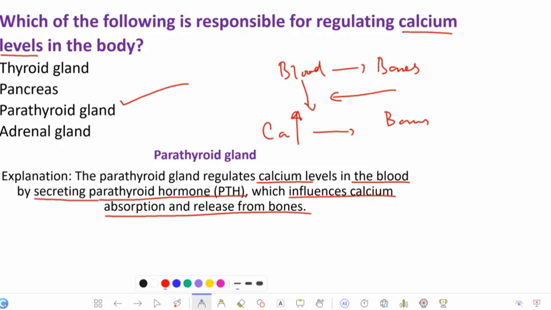If there is a higher level of calcium in the blood, extra calcium will be stored in the bones, and if there is a low level of calcium in the blood, the required calcium will be transferred from bones to the blood. This function is performed by PTH, secreted by the parathyroid glands.